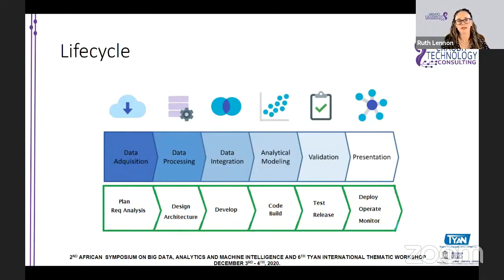Now, the next thing we're going to have is our life cycle. So let's look at how our life cycle might translate from a traditional software life cycle to something more involving data analytics. So we still have our planning and requirements, where we do our general requirements: what's our vision, what are we looking for, why are we doing the analysis. We do our data acquisition to give us the input that we're going to need to carry out the tasks.